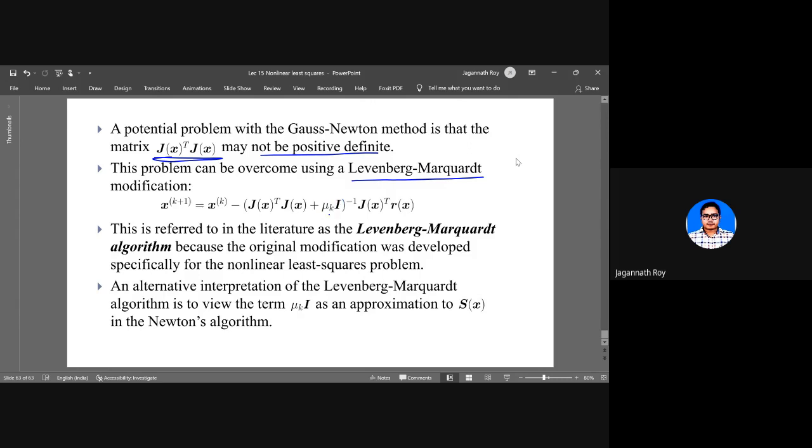Okay. So if this happens, then we have to go for this. Both of these are actually non-linear least squares problems. So I will share, try to verify this method.